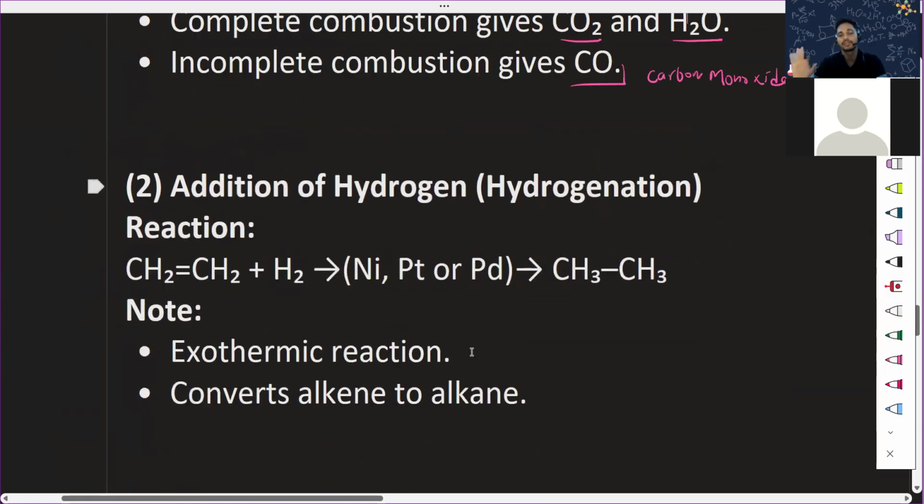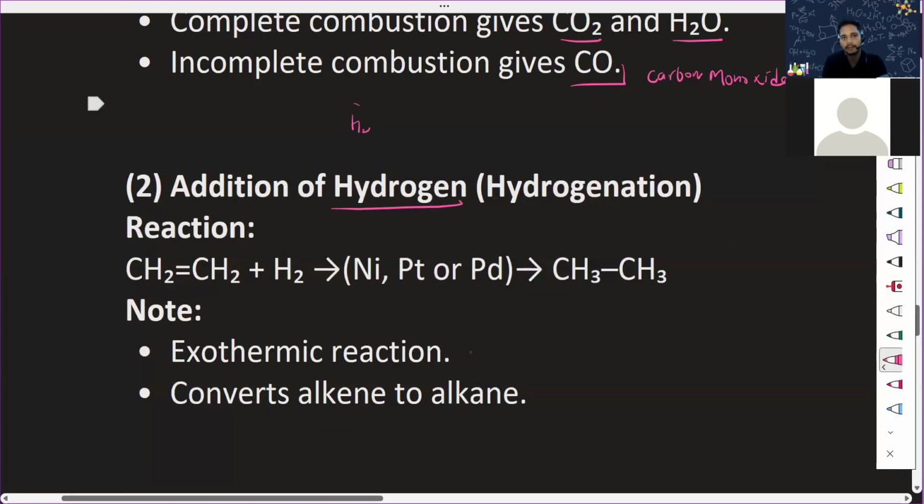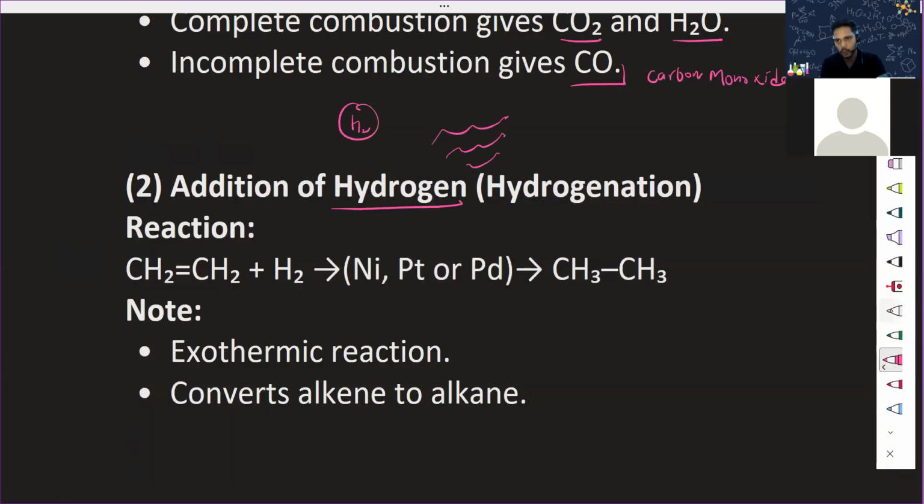Addition of hydrogen. Now tell me one thing. Hydrogen is a gas, right? It is a gas. We need a rough surface. So this hydrogen molecule will be attached on the grooves of the surface, and the reactant comes and then we have a reaction. So hydrogen gas has to be captured and then allowed to react with another thing. So we need a catalyst such as nickel, platinum, and palladium.